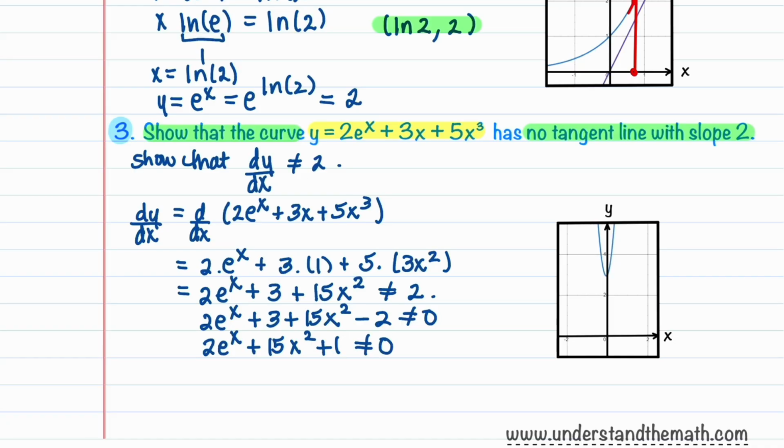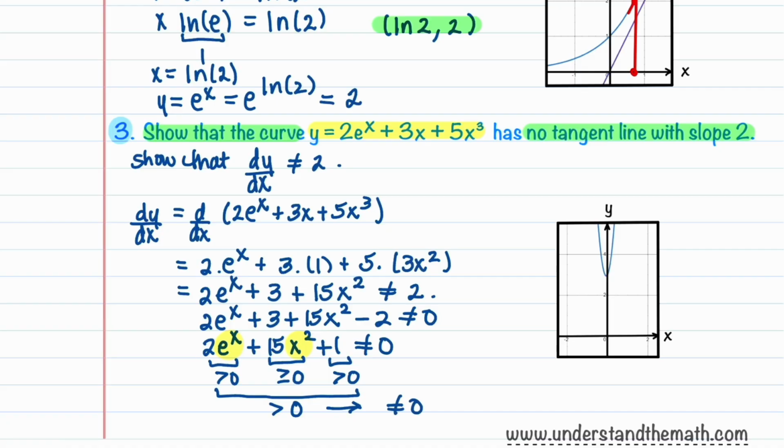Now let's look at each term separately. E to the x is always greater than 0, so let's write that down. So this is greater than 0. X squared is greater than or equal to 0, so this is greater than or equal to 0. And then our 1, of course, is greater than 0. When we add these three terms, we get an expression that is greater than 0, and that tells us that it is not equal to 0.